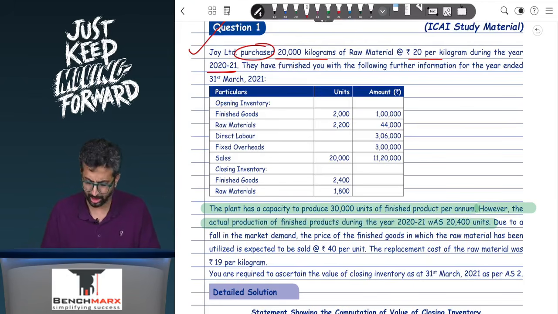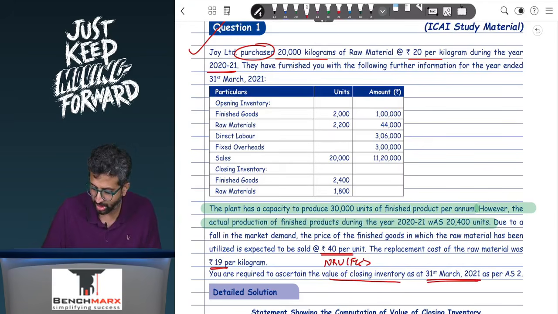Due to a fall in the market demand, the price of the finished goods in which the raw material has been utilized is expected to be sold at 40. So this is your NRV, let us say, for the finished good. And the replacement cost of the raw material was 19 per kilogram. You are required to ascertain the value of closing inventory as on 31st March 21 as per AS2.